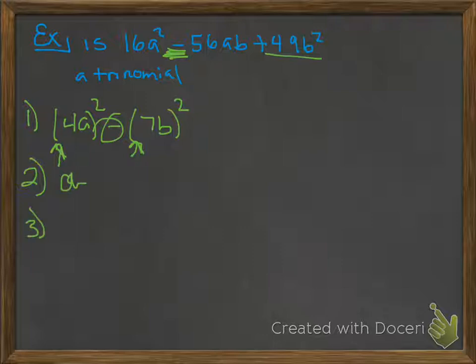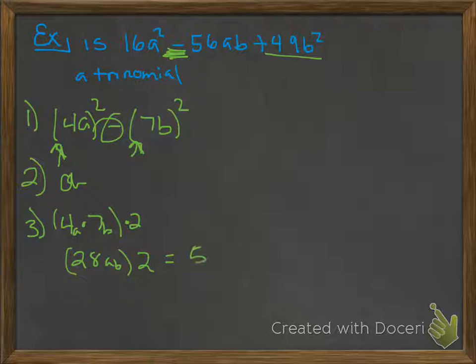And 3, well, 4a times 7b times 2. So this would be 28ab times 2, which is equal to 56ab. So yes, this is a trinomial square.